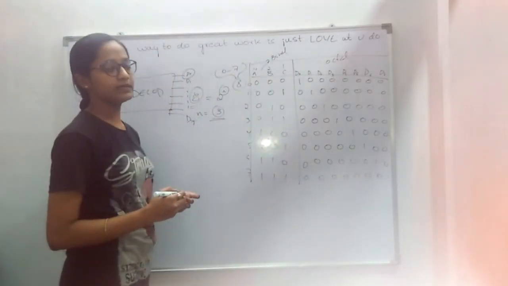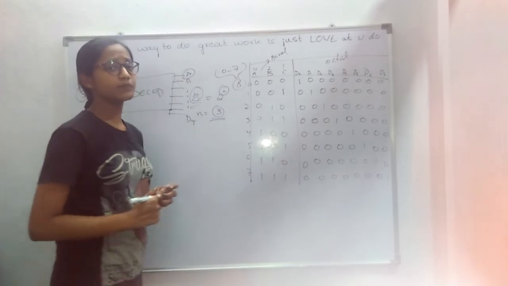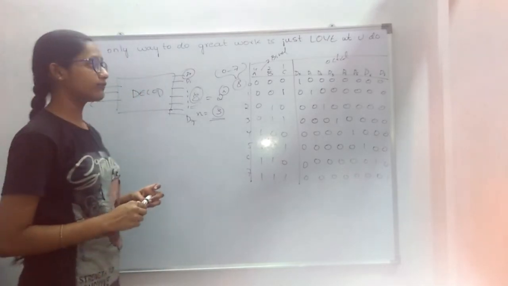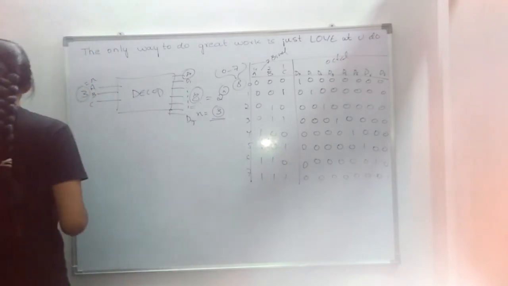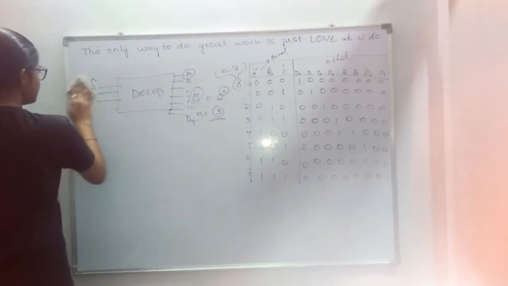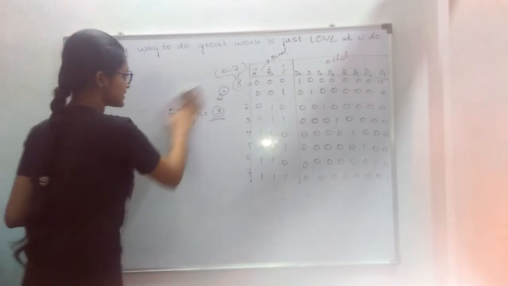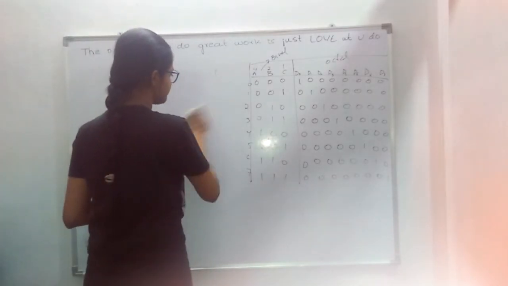This is the truth table that indicates the inputs and outputs of a decoder, where it is binary to octal. Let's see the logic diagram, how we are going to represent the decoder.